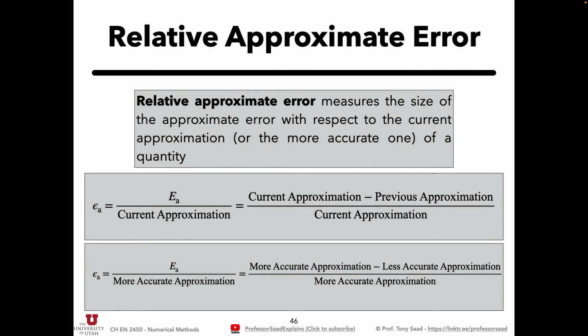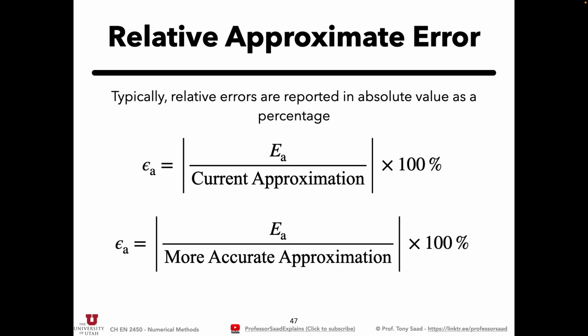So I really like this definition: more accurate approximation minus less accurate one, over the more accurate one. You put absolute values on those, you multiply by 100%, and that gives you a really nice percentage error to evaluate your numerical methods when you do not know the true value. Okay? When you do not know the true value.